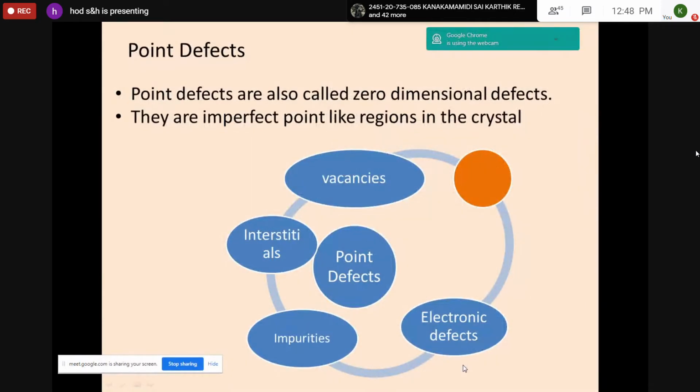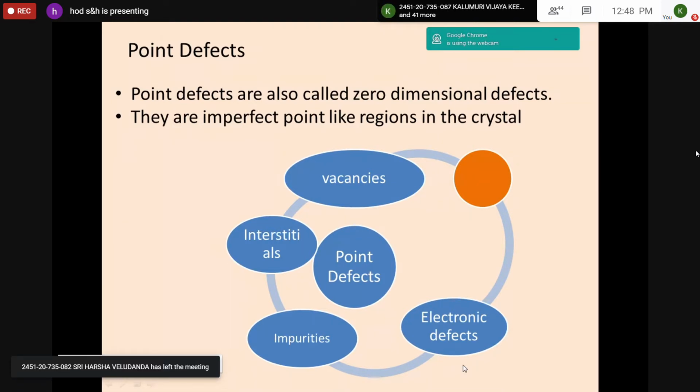Now coming to point defects, as I said, they are also called zero-dimensional defects, and they are imperfect point-like regions in the crystal. They don't have any physical existence you can imagine because the size is nano-scale, but there are certain deviations. So you can't say they are present along the x-axis or y-axis.